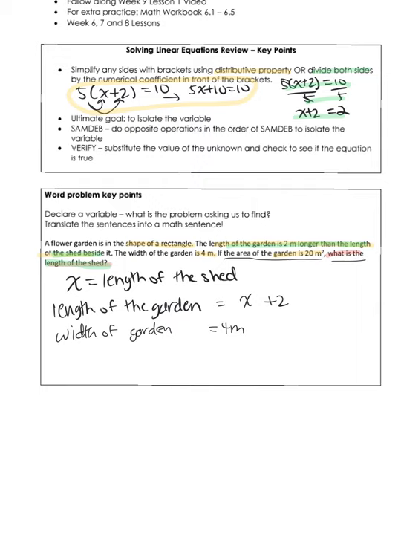Okay, now we have to use the information we have to figure out the area of the garden. To calculate the area of a rectangle, we have to go length times width, and this is equal to x plus 2 times 4. Okay, but like you've seen before, whenever we have a number and a bracket, the number comes before the bracket, so I can rearrange this to 4 times x plus 2.